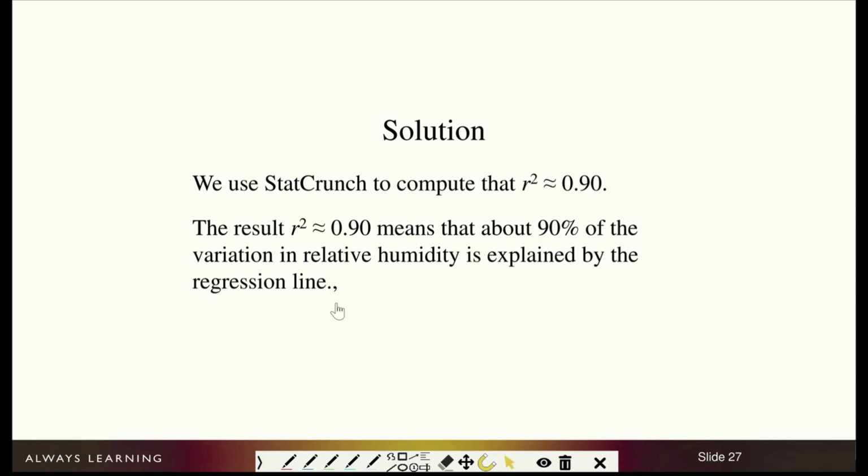So that tells you it's actually a very solid model regression line, and it goes very far in predicting the values of the humidity level based on the values of the temperature.